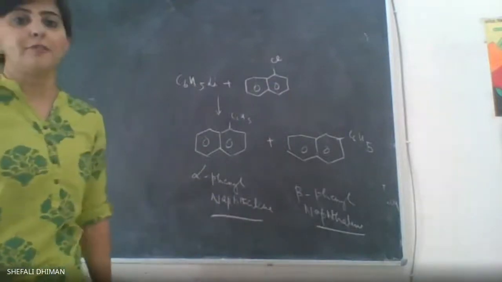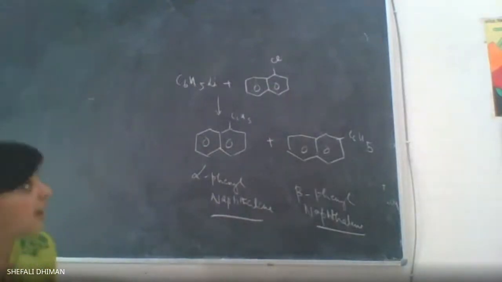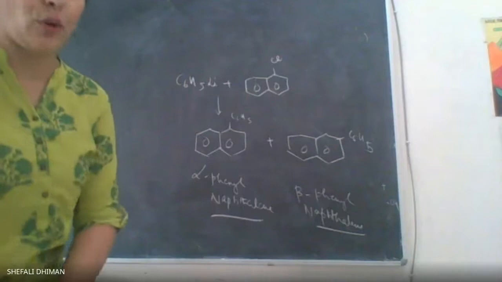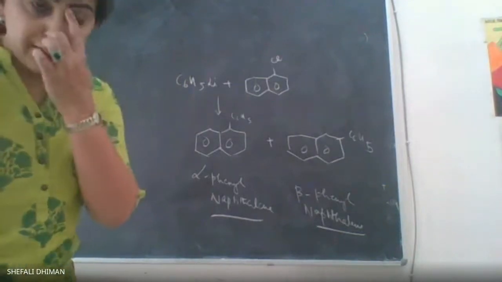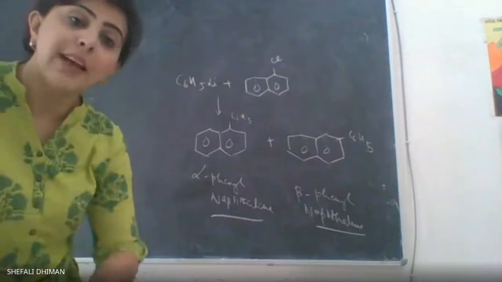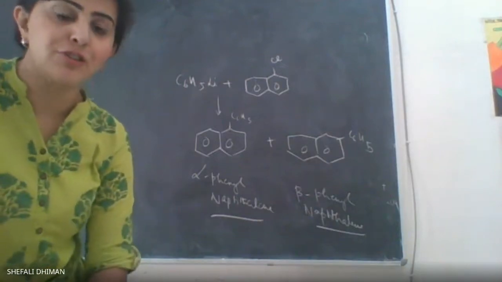So if I have phenyl lithium reacting with chloromethyl, the products formed are alpha phenyl methylene and beta phenyl methylene. Now this reaction is called the addition-elimination reaction.